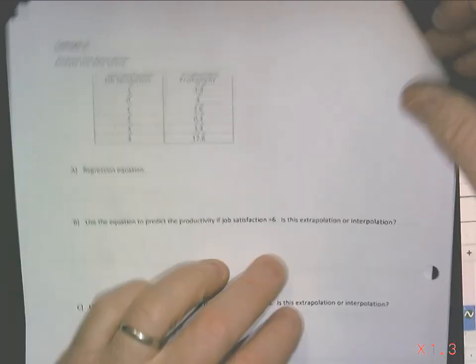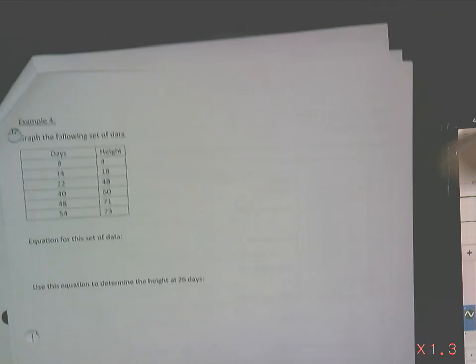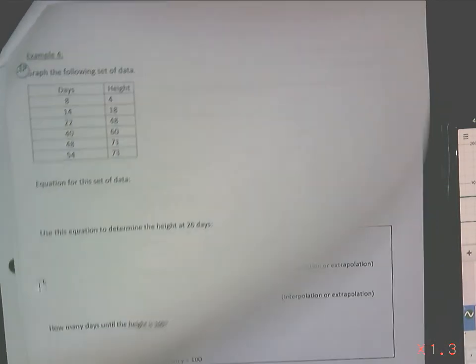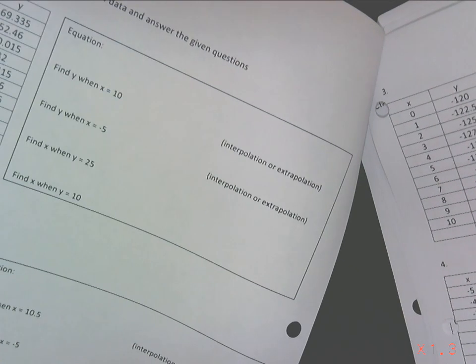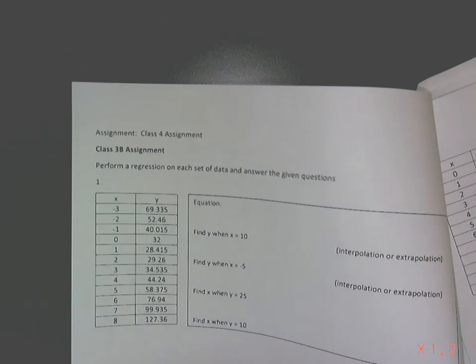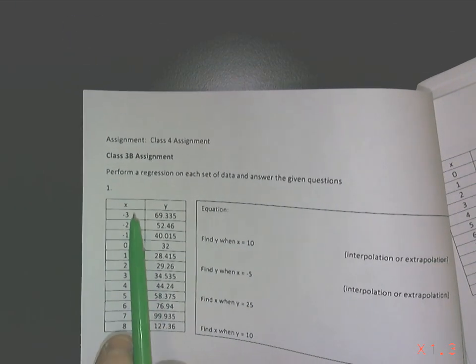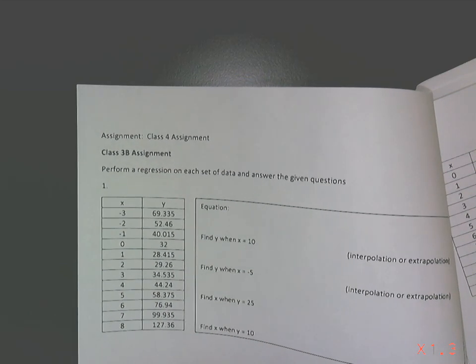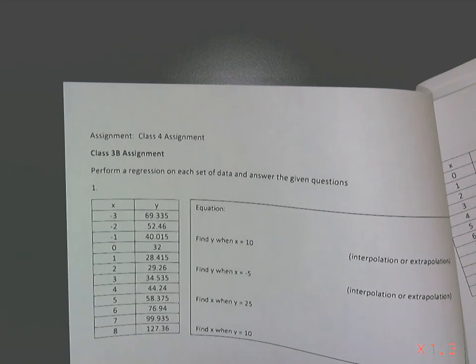I'll have the answers here. And then the same thing with example number 4, because they're really the same stuff over again, just predicting. And then you've got these questions that you can do. Now the trouble with the assignment, which I don't like, is there's no meaning to these. There's no hours and time. I'd like to fix that in the future. But that's all we have at the moment.